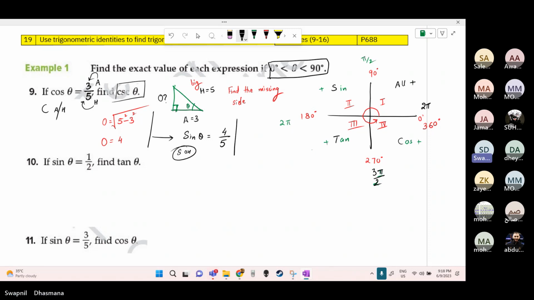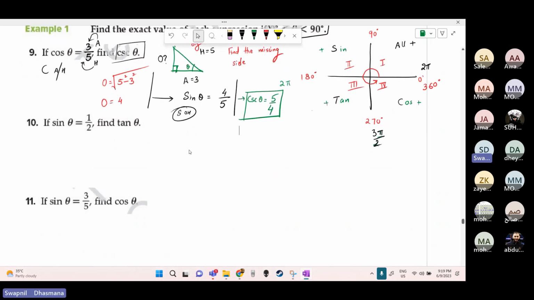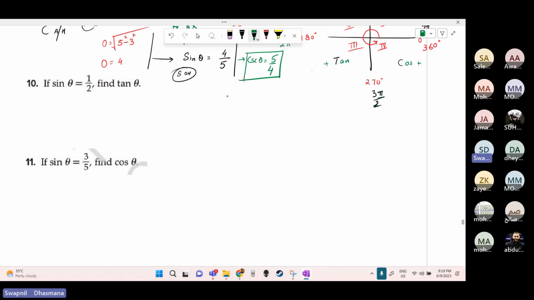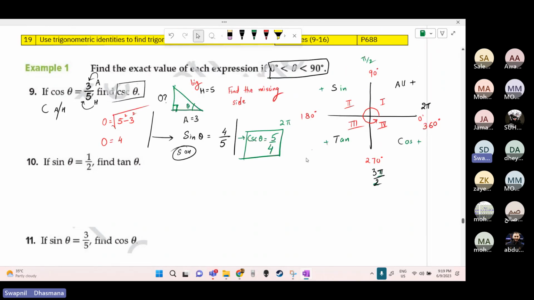So cosec theta is the inverse of this, 5 over 4. I'll show you one more. That will help. So method, question 10. Now, by the way, what is the sign? So from zero to pi by 2, all of them are positive. So the answer should be positive.